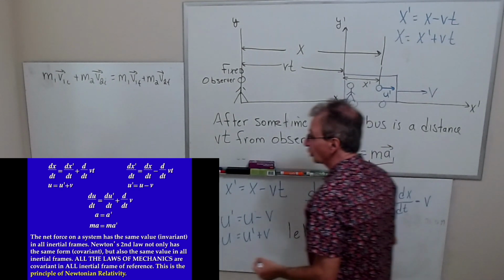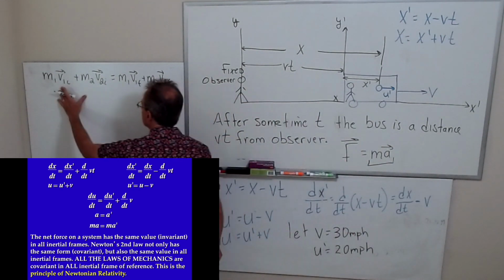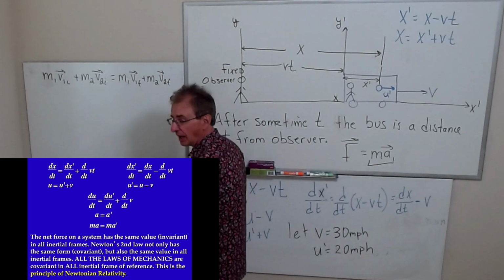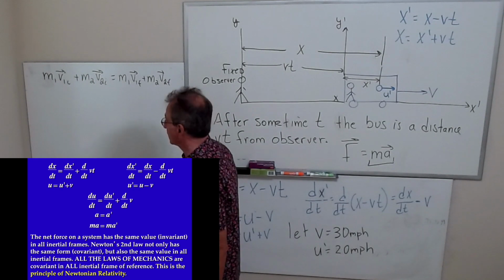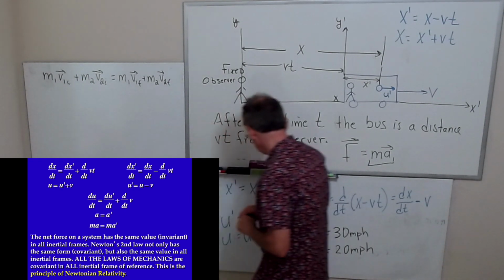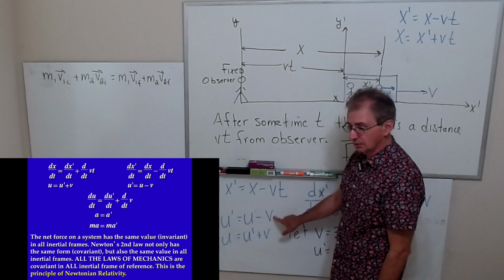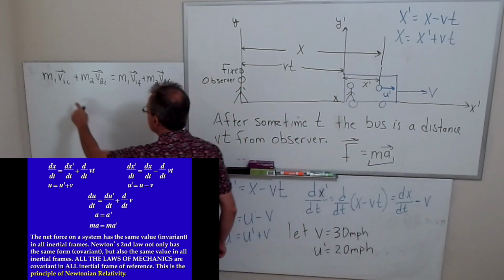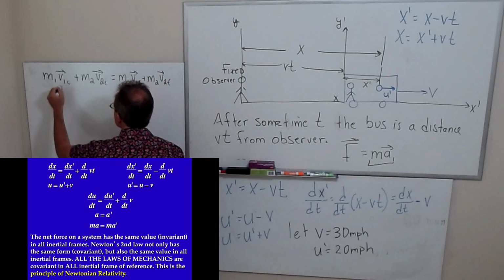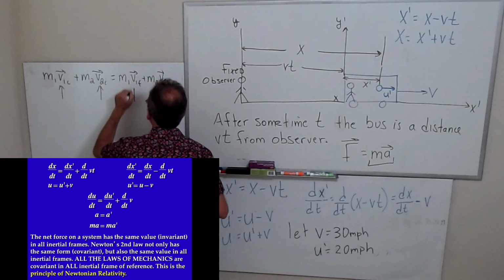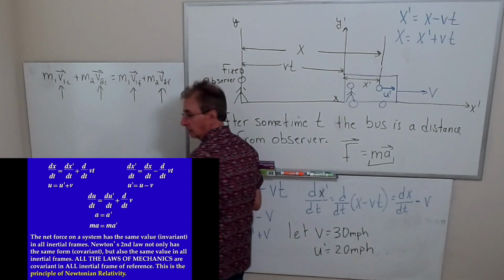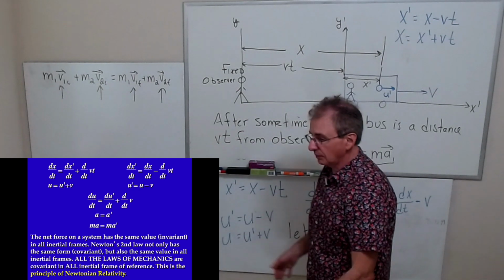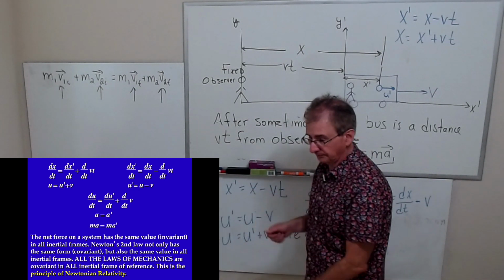Okay. No matter what reference frame you're in, this equation is the same. But if you change reference frame, what's going to change? These values. If you write this equation in a different reference frame, these values will be different. But the total initial momentum equals the total final momentum.